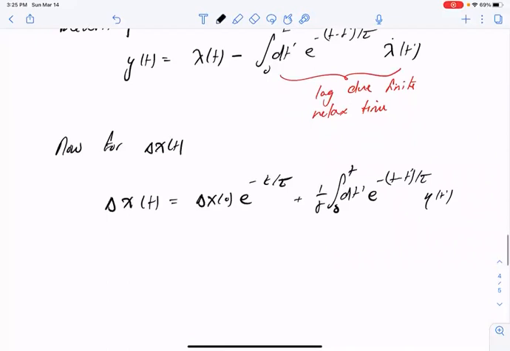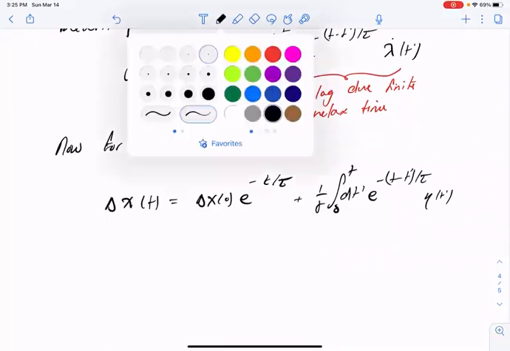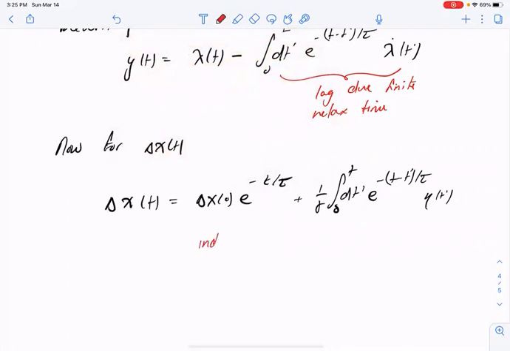By construction, delta x is independent of lambda. In fact, there is nothing here to tell us that delta x is not an equilibrium trajectory. The bath, staying at equilibrium, still supplies the same thermal fluctuations. And so from the perspective of delta x, there is no difference between lambda being finite or lambda being 0.